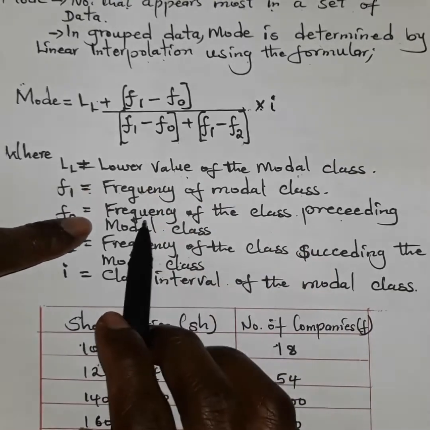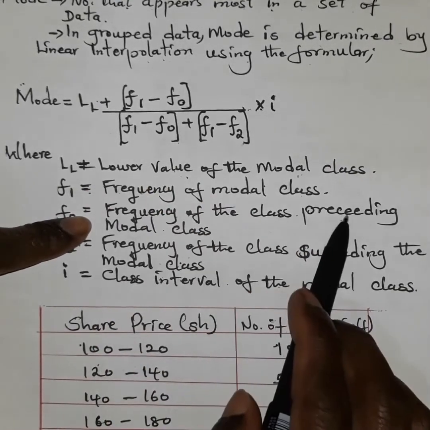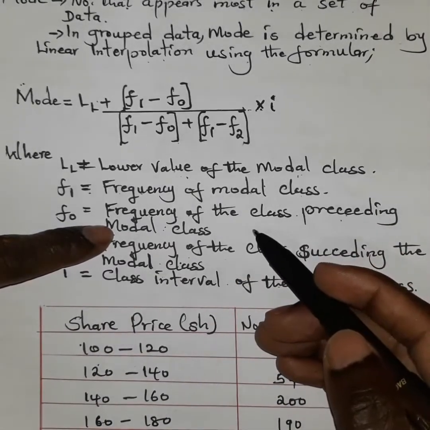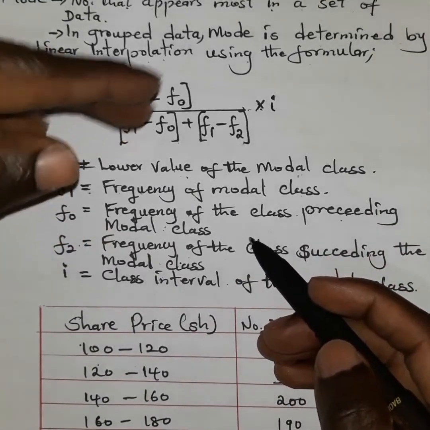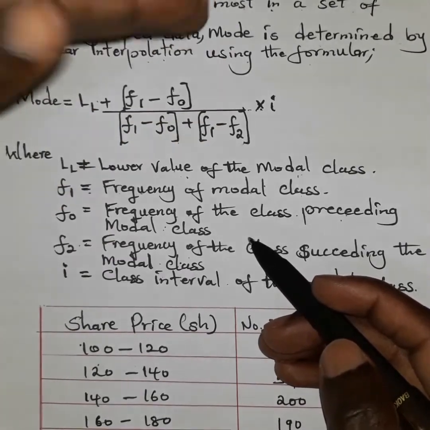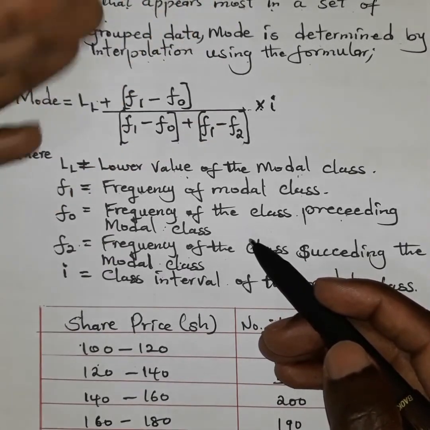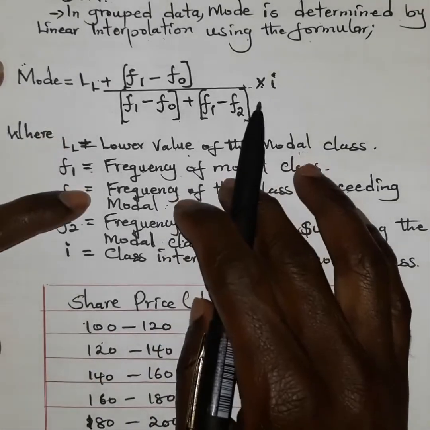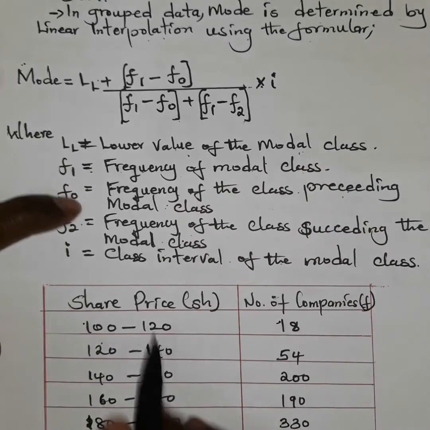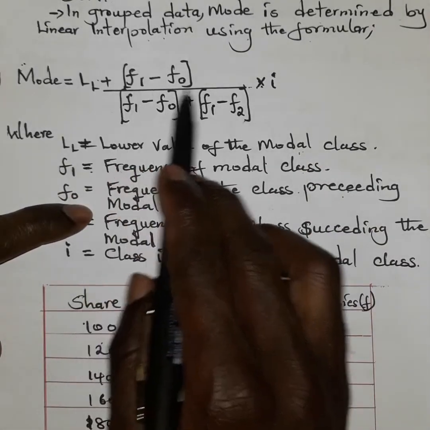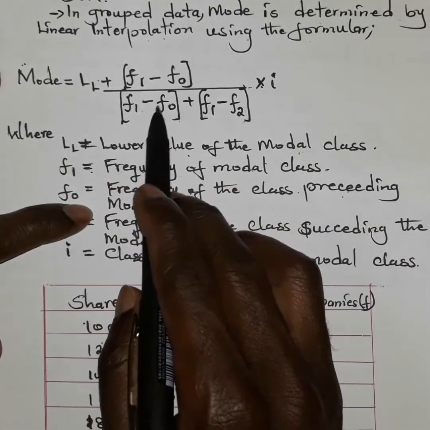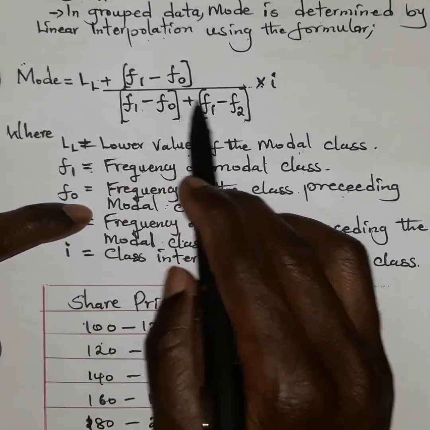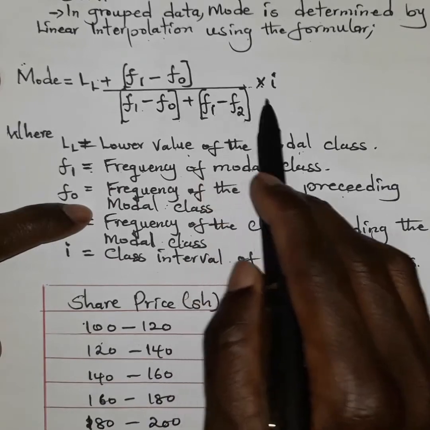F0 refers to the frequency of the class preceding the modal class. That is, how many times the class that comes just before the modal class appears. Then we divide by F1 minus F0, the same as the numerator, plus F1 minus F2.